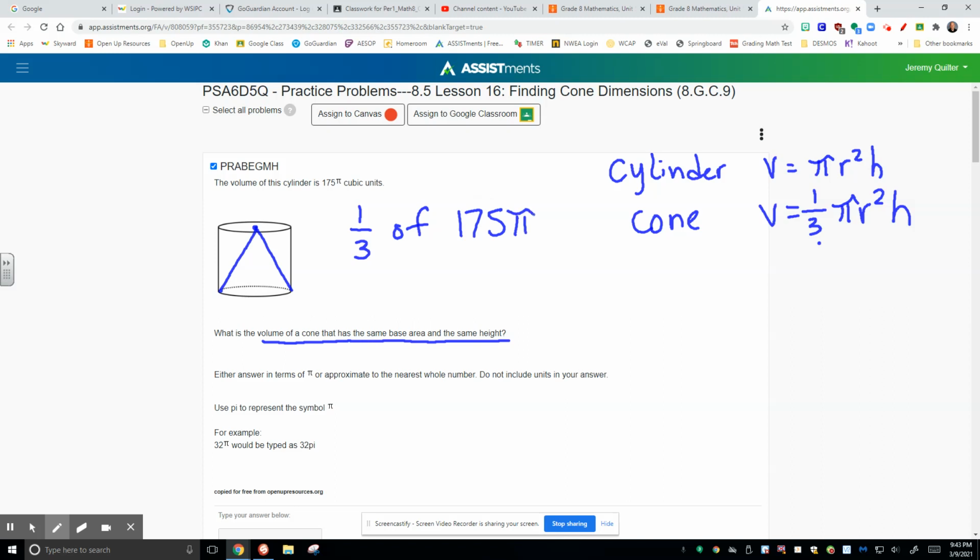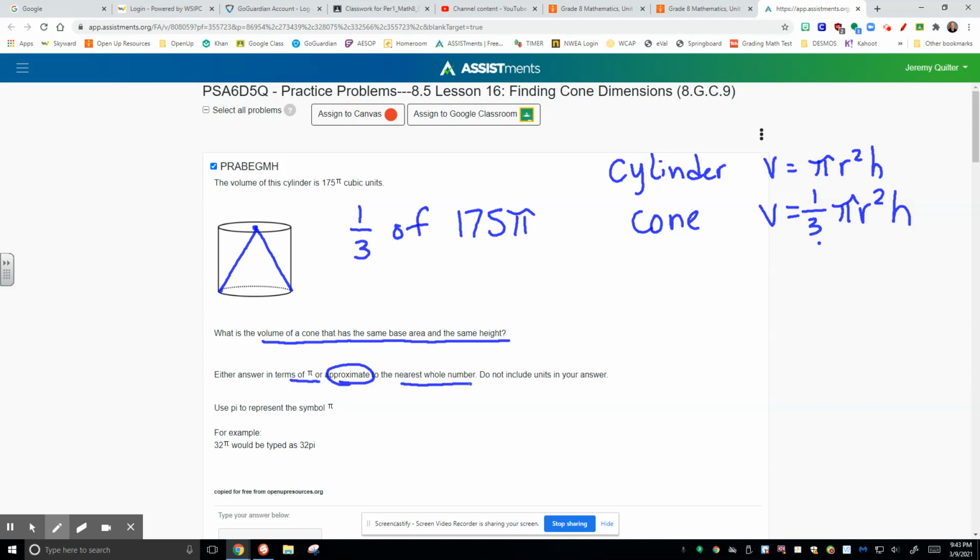Now, when you put this into the box, you need to be very thoughtful about what you do. You can answer in terms of pi, which means it would be absolutely precise, or you can approximate to the nearest whole number. If you don't multiply the values correctly, and if you don't round correctly, you're not going to get the right answer.